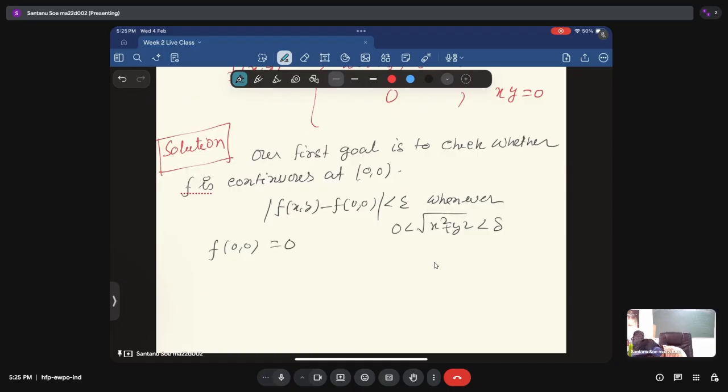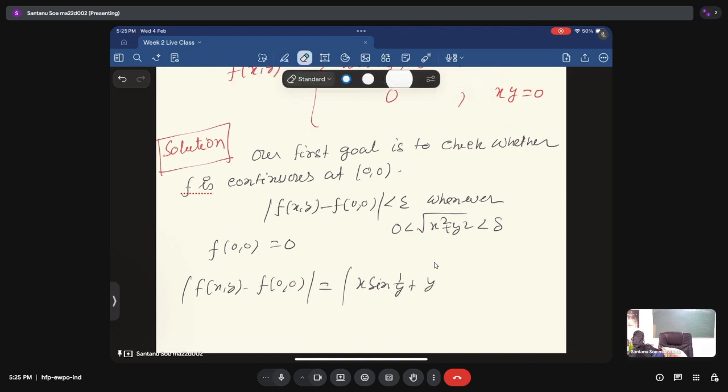Correct. So f(x,y) - f(0,0) will be nothing but x sin(1/y) + y sin(1/x).